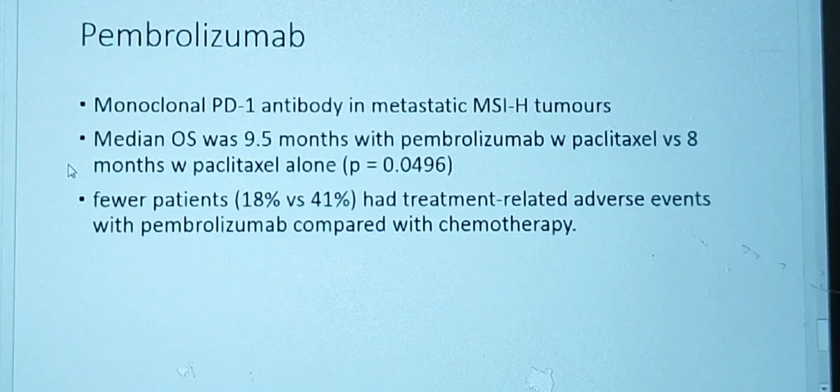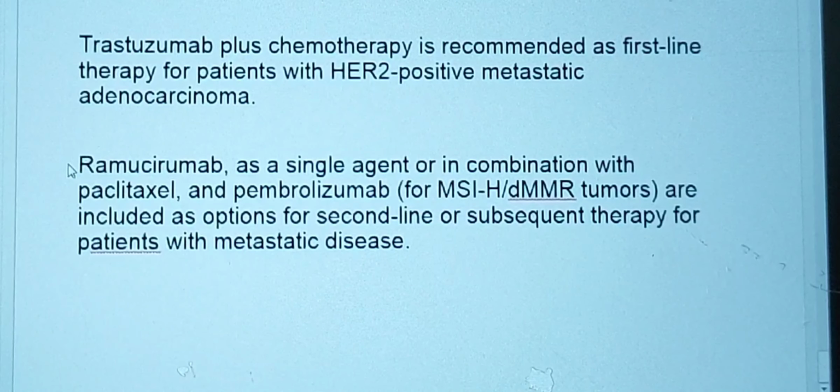What this study basically shows is that trastuzumab plus chemotherapy is recommended as first-line therapy for patients with HER2 positive metastatic adenocarcinoma. So they suggest that for all patients with suspected metastatic adenocarcinoma, we should also test for HER2.